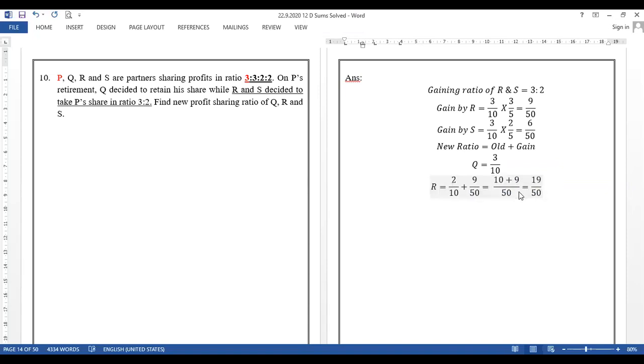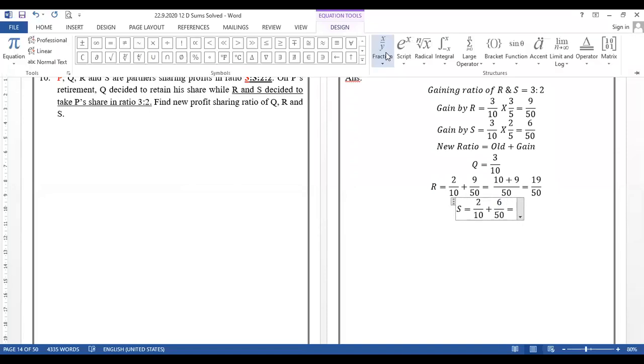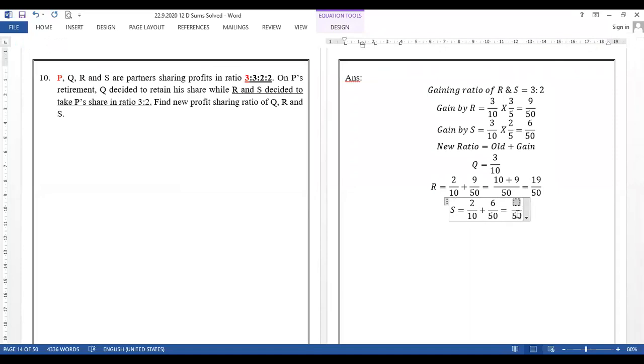Then S will be equal to, what was the old share? That is 2/10 plus gain is 6/50. So over here this is 50 and 5 2s are 10 plus 6. So that is 16/50. Correct.